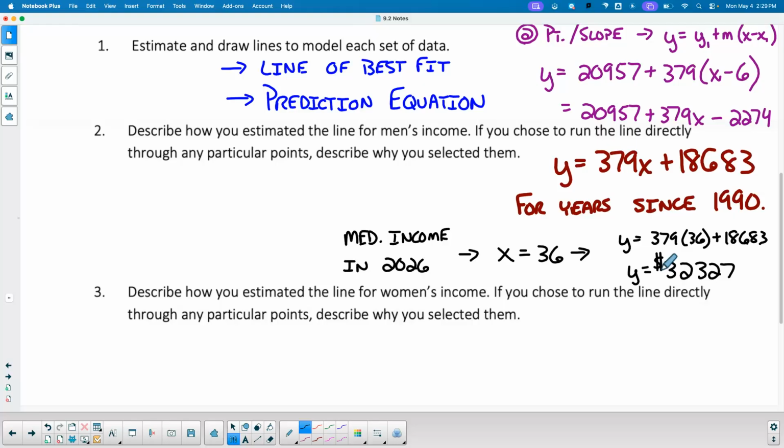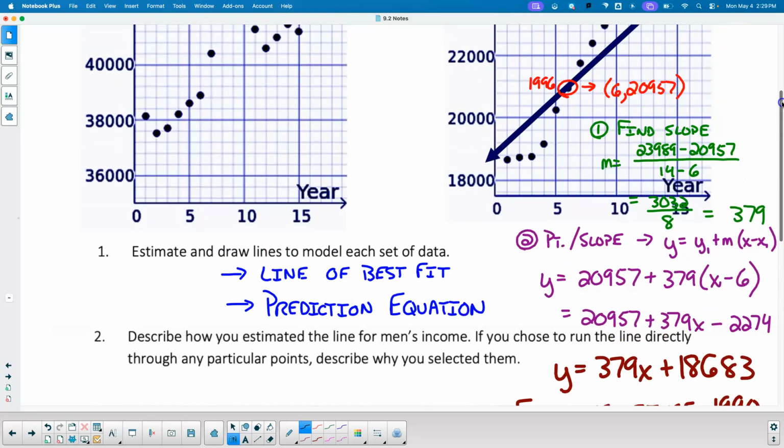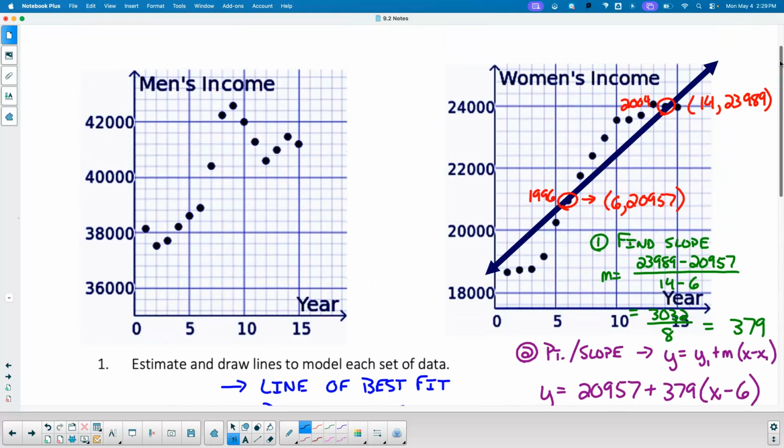So from looking at both of the scatter plots, I would say they would both be going up. So they would have a positive slope, because even though the data here trended down, it still is going up from where it started.